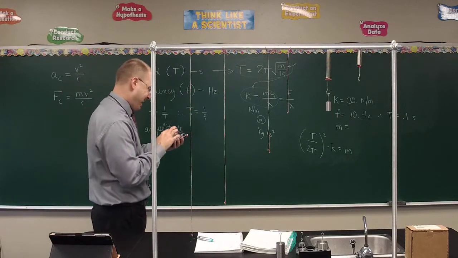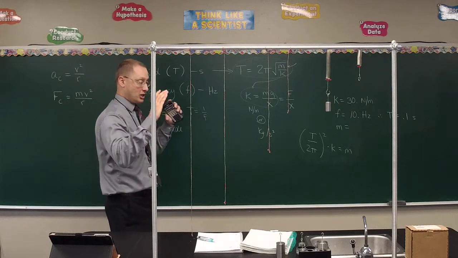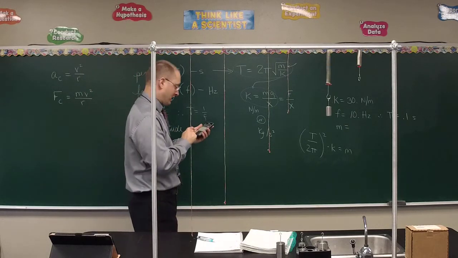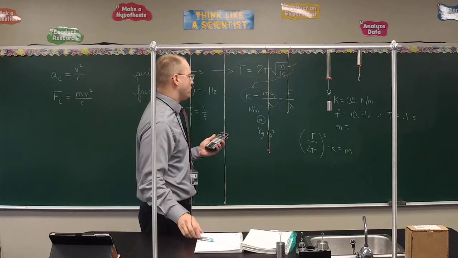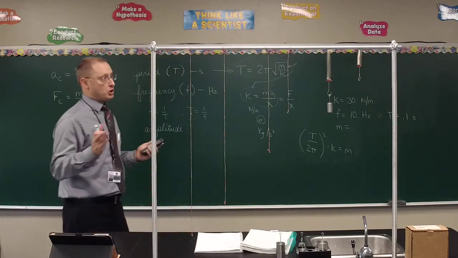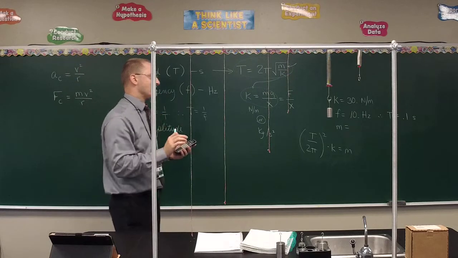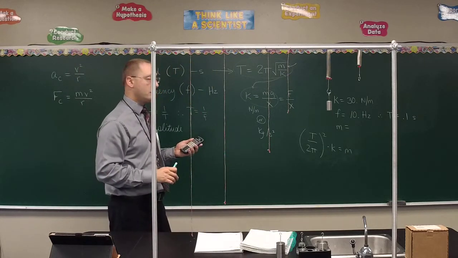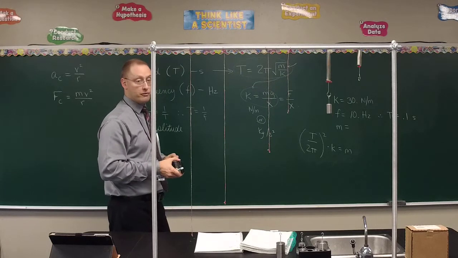Divide that by 2 and divide it by pi, or divide by the quantity 2 times pi. Square that, multiply all of that by the spring constant, which was 30 newtons per meter, which is a pretty strong spring, about like my strongest, and this is a very small amount of mass. I don't even have a mass this small. What do we get for the mass, Kendall?